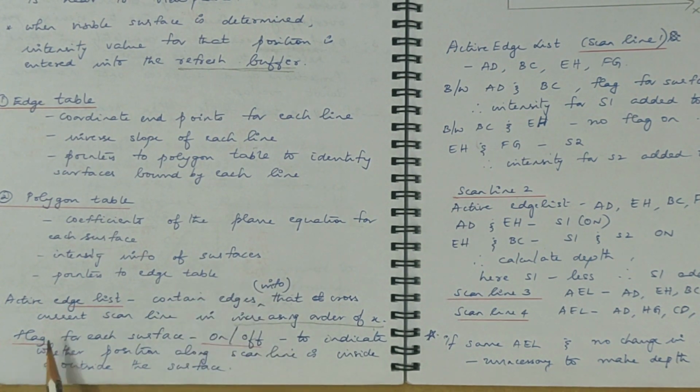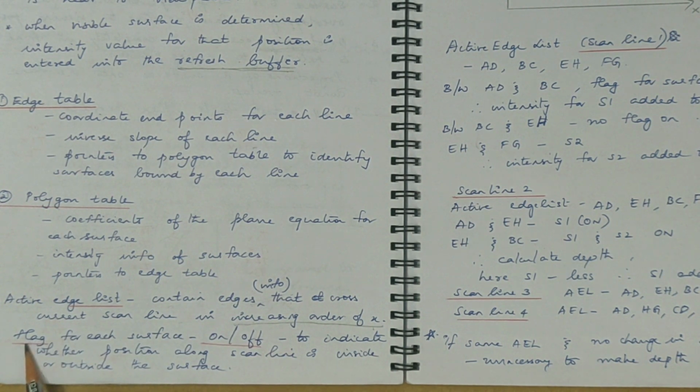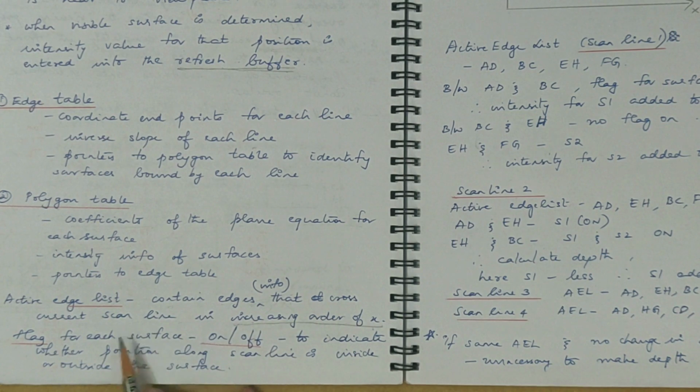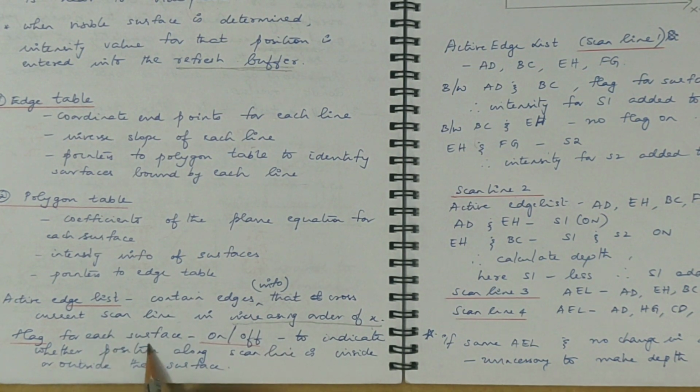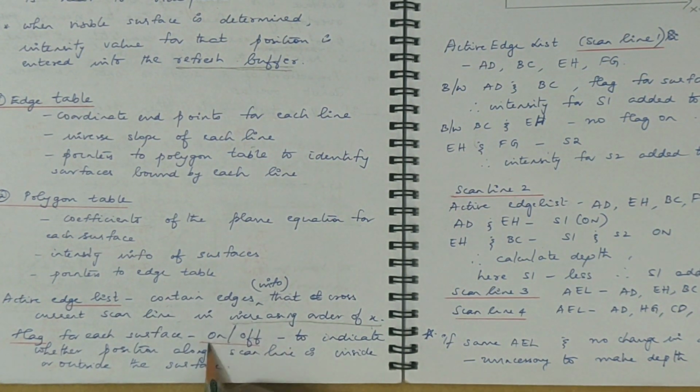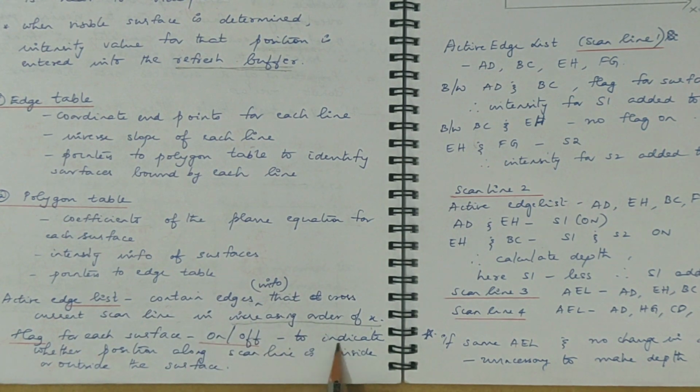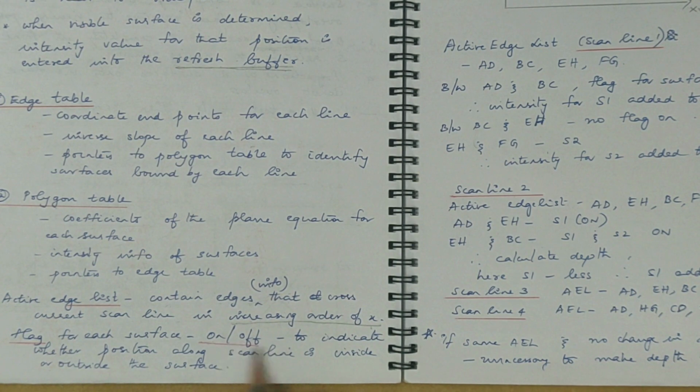And then finally, you have a flag variable. This is a flag variable which stores either on or off. This flag variable is there for each of the surfaces of all polygons. For each surface, what on and off mean is, if the scan line is along that surface, that's the on value for the flag variable.